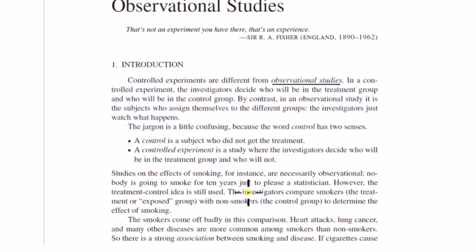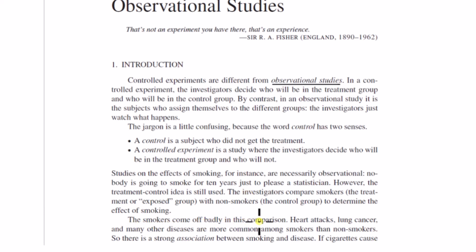They're not choosing, okay, we've got this random population, we're going to have random people smoke for 10 years and then random people not. It's not an experiment. That's the difference. Any observational study, if you break it down fundamentally, that's what you'll see: who's in the treatment group and who's in the control group, the subjects decide that, not the experimentalists.